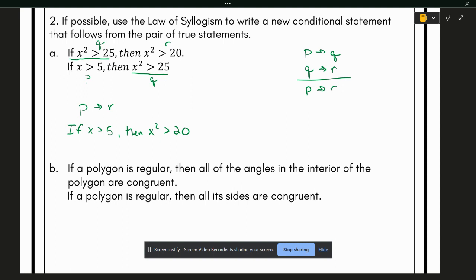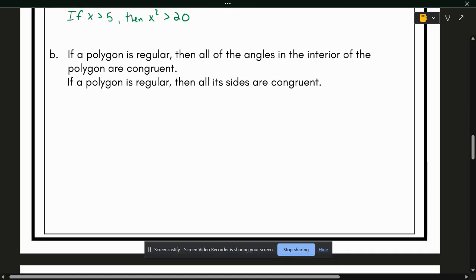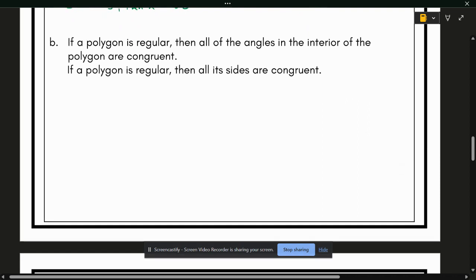Let me put it this way: if Q is at the front for both of them, then it's invalid, which is exactly what we're going to get to with letter B. If a polygon is regular, then all the angles in the interior of the polygon are congruent. If a polygon is regular, then all its sides are congruent. So if you have two Qs that start, or even two Ps that start, it's considered invalid.